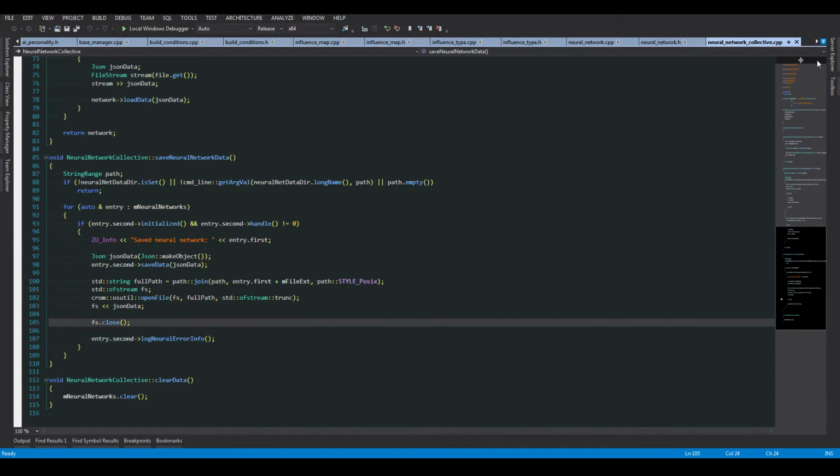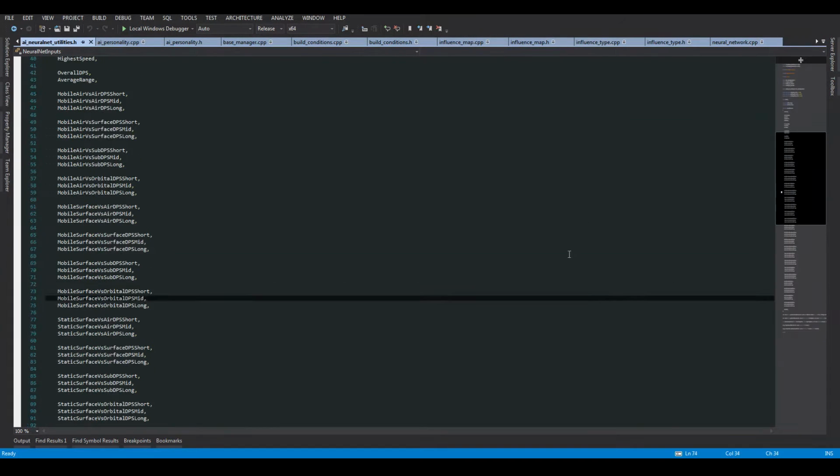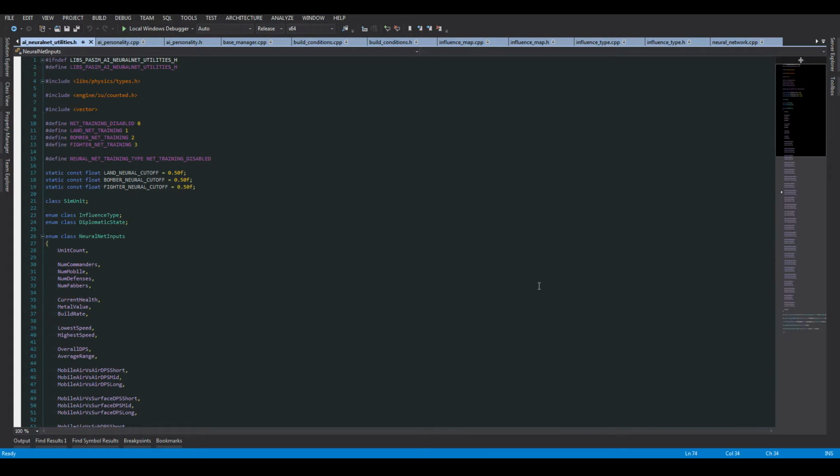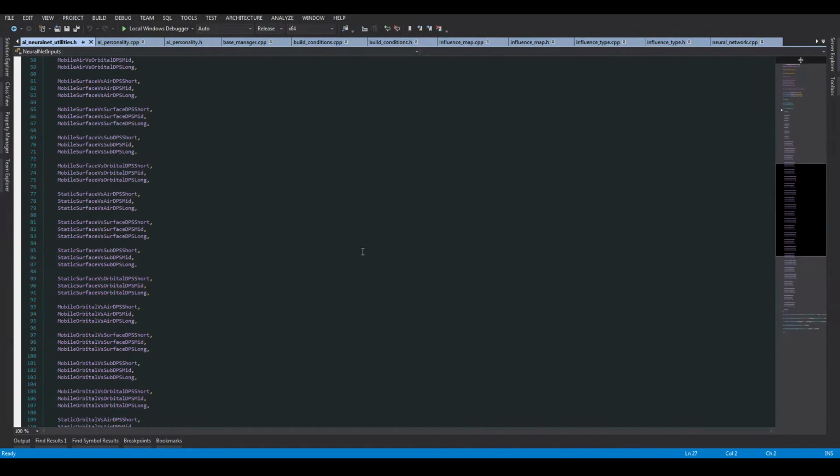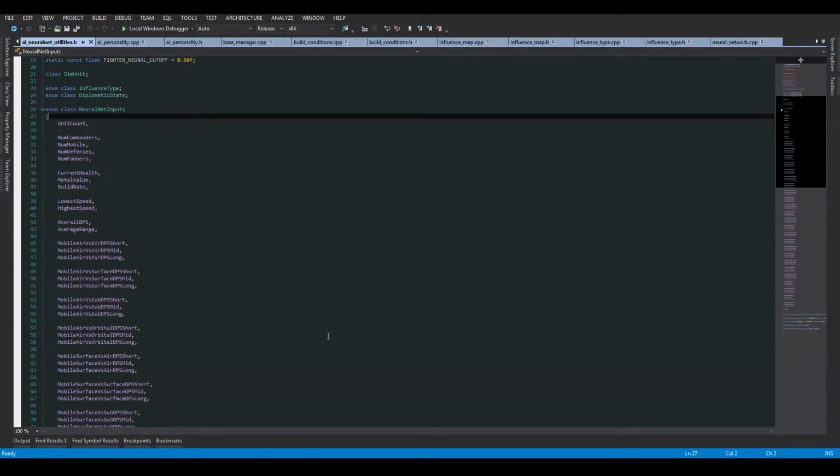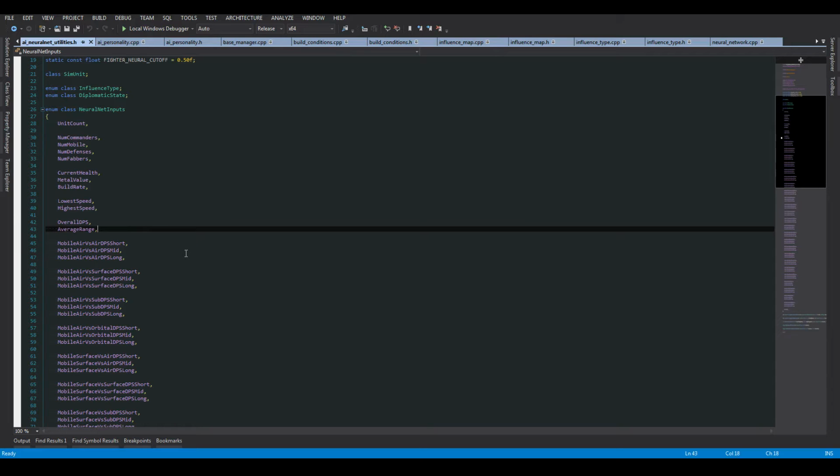Alright, so what I did as a test, because I don't have to do a whole lot of work to actually test this stuff. What used to be the actual neural net inputs were these ones here, plus 6 other ones for mobile and static, short range, mid range, long range DPS.